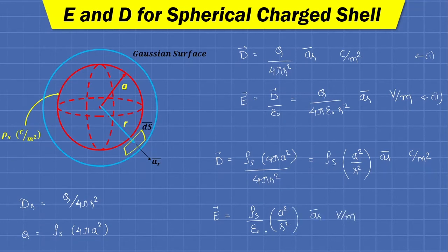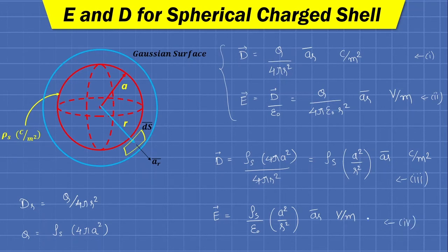So you can represent D bar and E bar either in terms of Q or in terms of the surface charge density rho s. Both representations are equally correct. But generally we are provided with the value of Q, which is why we adopt this. Otherwise equation 1 is the same as equation 3 and equation 2 is the same as equation 4.